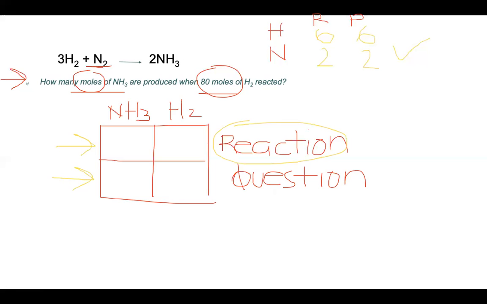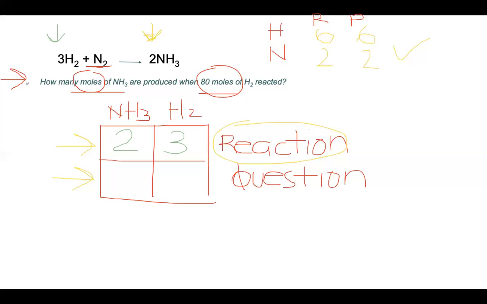Remember that moles is the big number that we have in front of the compound. So which is the number in front of NH3? It's a 2. And how many moles of H2 do I have in the reaction? The big number in front of H2 is a 3.